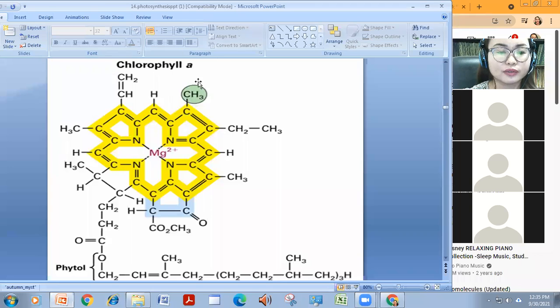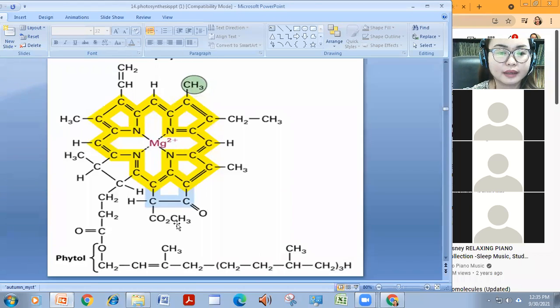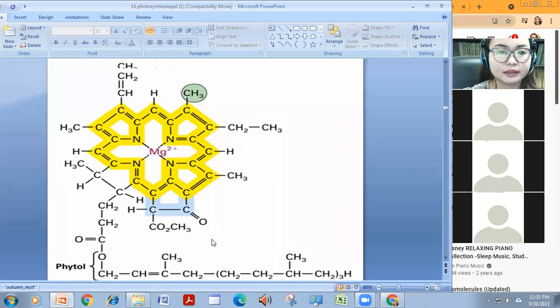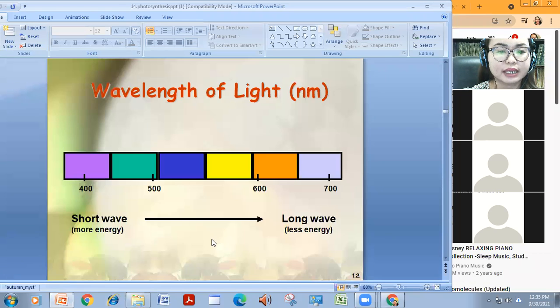So this is the chlorophyll A with the magnesium ion at center, and so ito yung wavelength na sinasabi ko. These are shorter waves. So ito yung medyo for disinfection, and hindi pwedeng parang makakause siya ng radiation sa tanim, sa organisms.